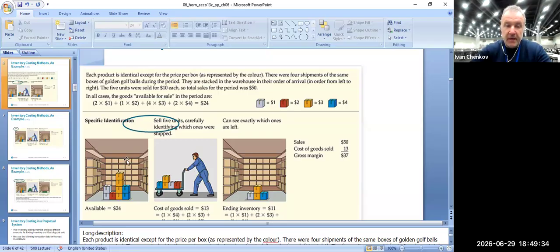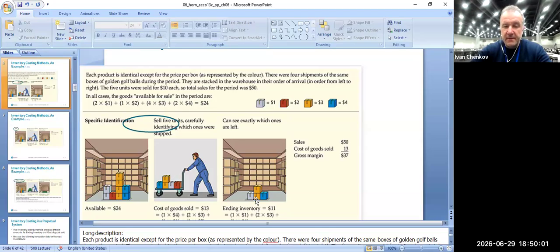With unit identification, since every box comes with a unique price, we see how many of the dark blue boxes we sold, how many yellow boxes, how many light blue boxes, and how many red boxes. That will determine our cost of goods sold.